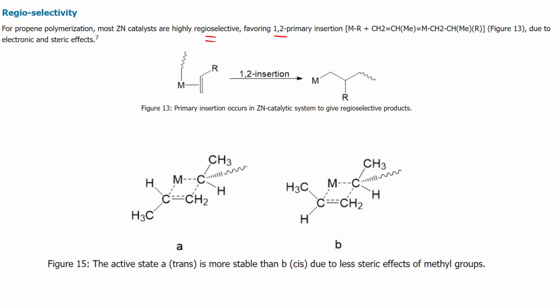So due to that reason, this is quite selective, and this 1,2 insertion leads to this kind of intermediate, and that's why you always get that linear kind of chain growth. So this is the primary insertion. That's actually the reason why you always have this regioselective product.